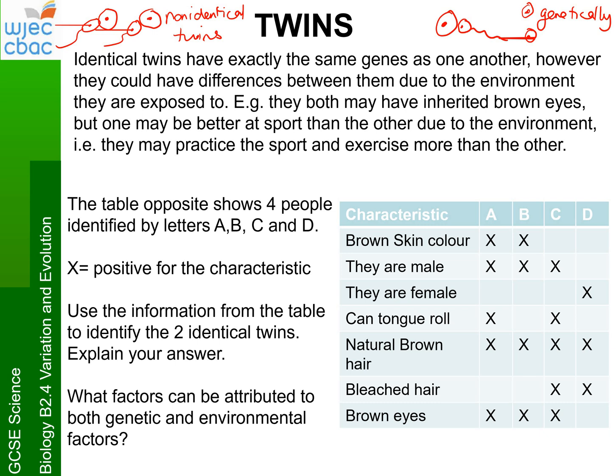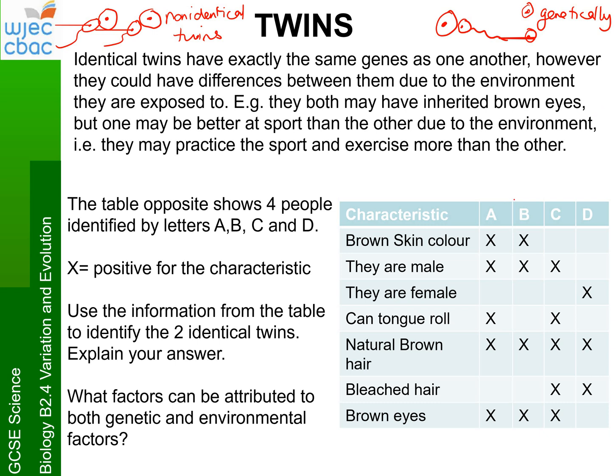So there have been experiments where identical twins have been separated at birth, okay, and brought up in completely different manners to see if nature affects the way that twins develop as opposed to anything else. So they might have both inherited brown eyes. One may be better at sport than the other due to the environment, because they may practice the sport and exercise more than the other.